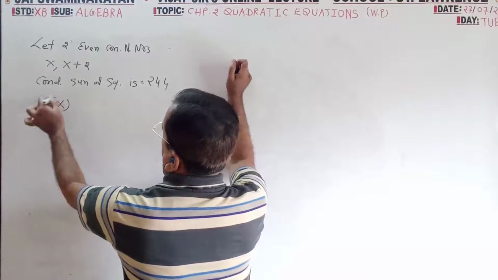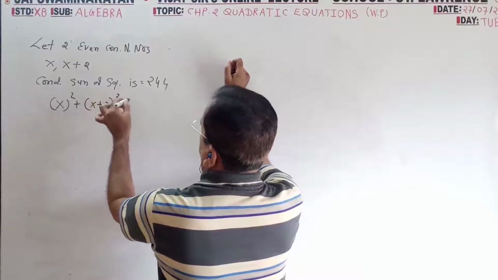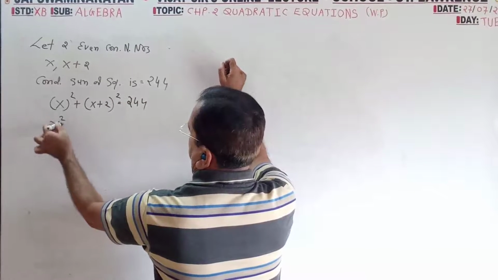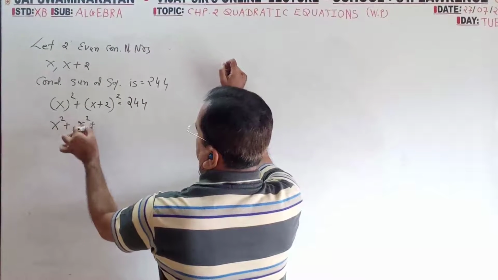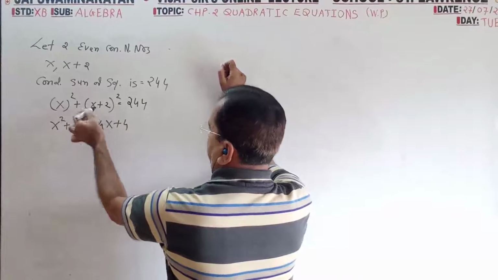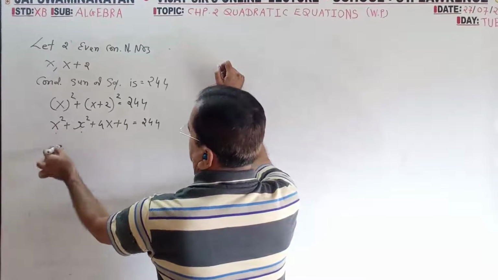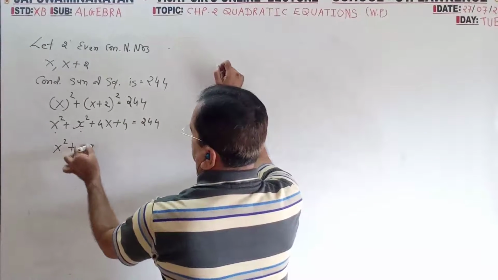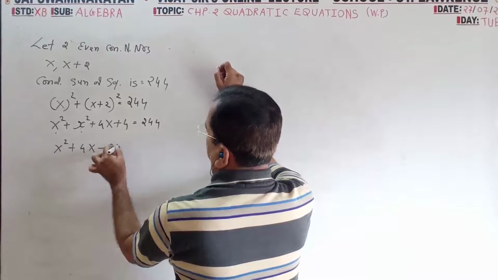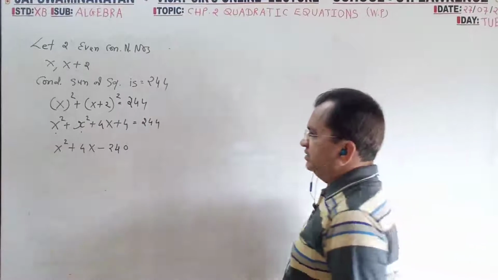So square of first number plus square of second number is 244. So x square plus x square plus 4x plus 4, this comes this side, so it becomes 240. Correct?